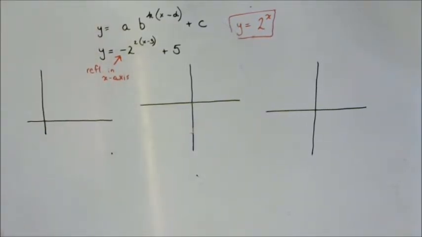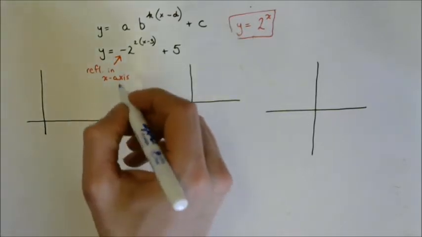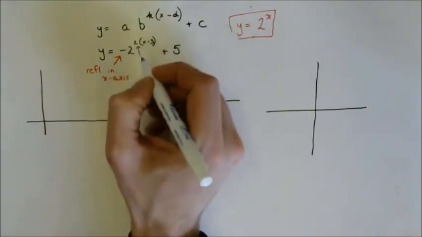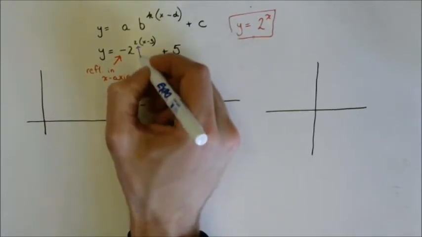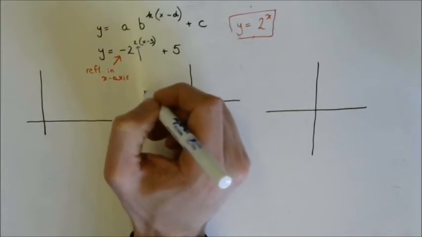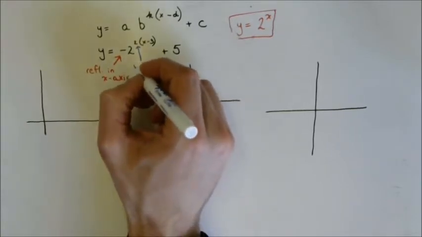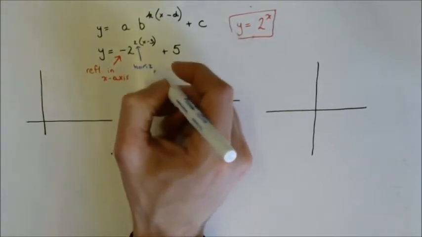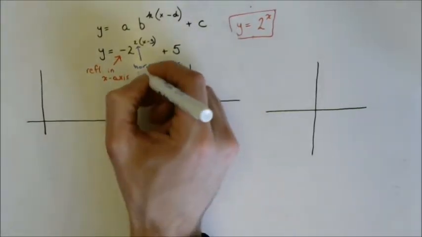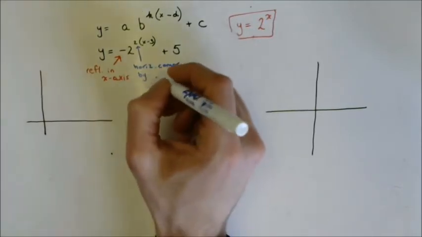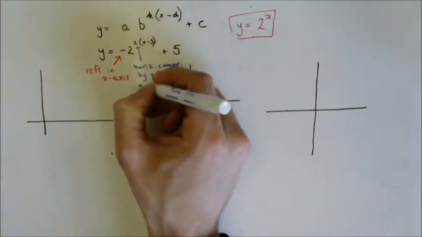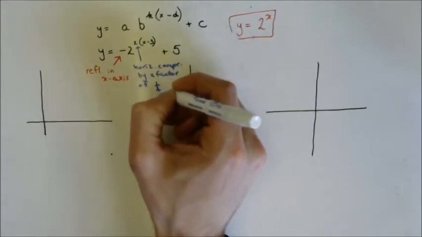What about this little number 2 up there? What does it do? It's a horizontal stretch or compression. Yep, that's going to be a horizontal compression by a factor of 1/2.